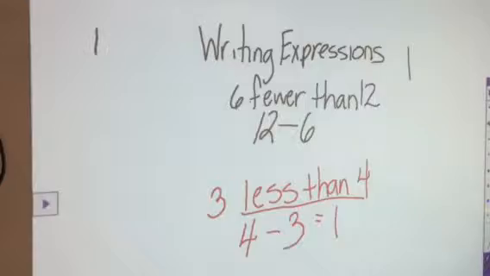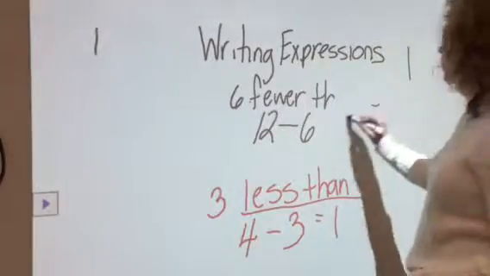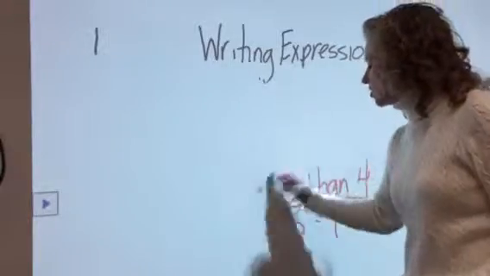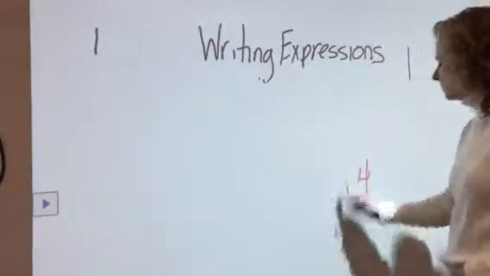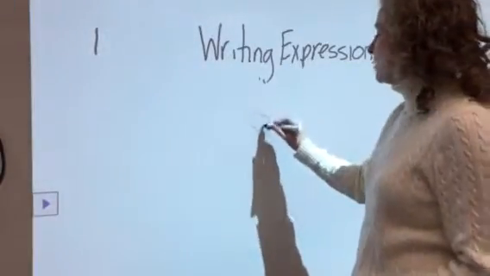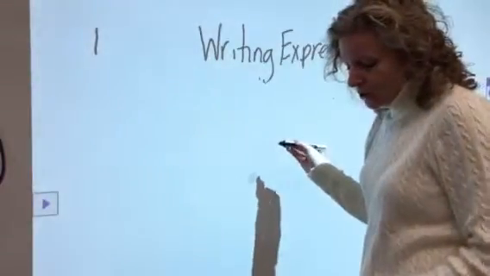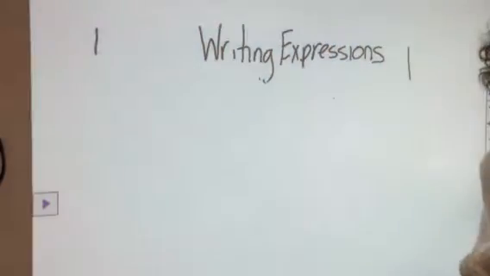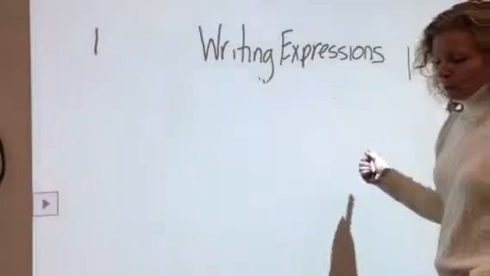We could also do this with other operations that we know. What are some other operations that we know? We know addition, we know subtraction. We also know division. If we were going to do division, we could do equal groups, right?